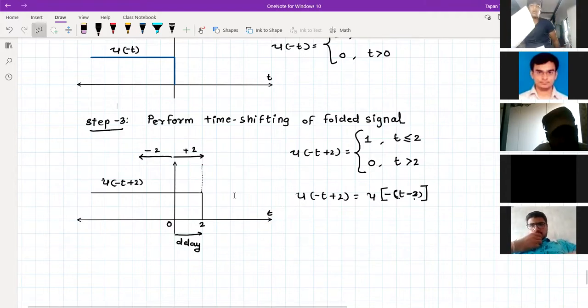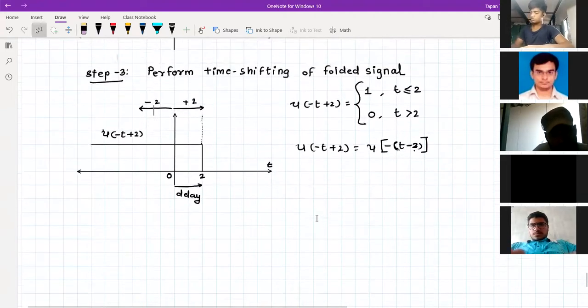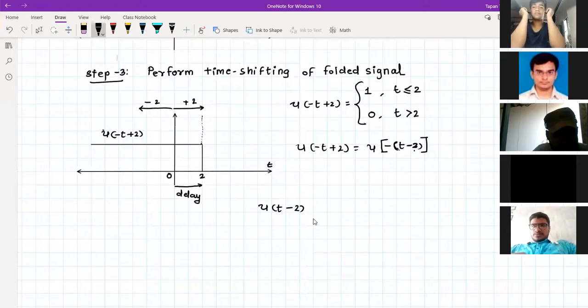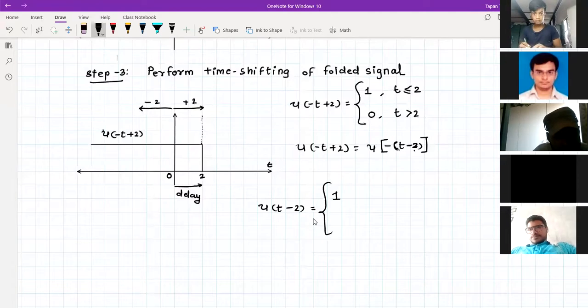See, it has to do with the original definition. See, u of t minus 2 is equal to 1 for, tell me, what will happen?